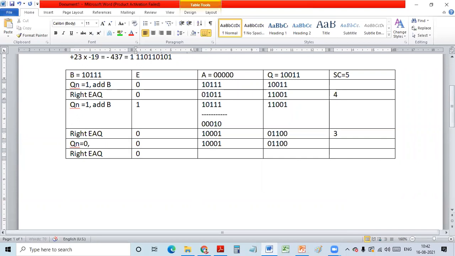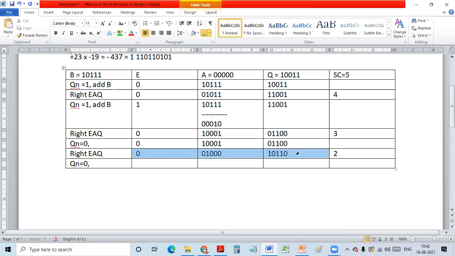So after right shifting, this will be 0, again 0, 1, 0, 0, 0, 1, 0, 1, 1, 0, and reduce the sequence counter by 1. Since it is also not at 0, again inspect the next bit. Now my Qn is 0 here, so you don't require to add again.